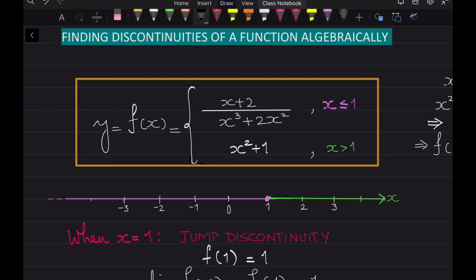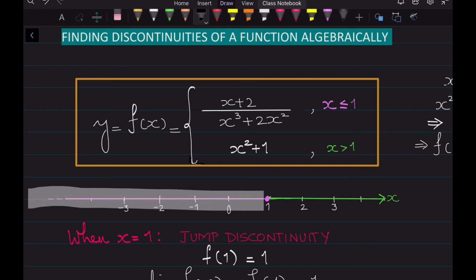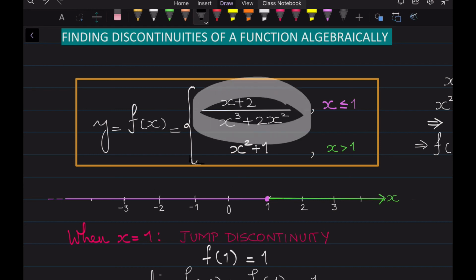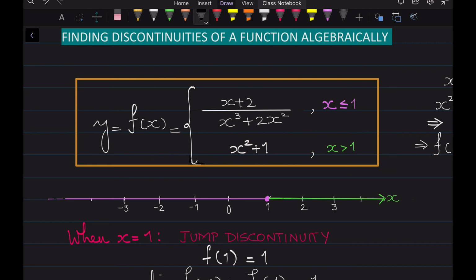Now let's discuss the case when x is smaller than 1. We see that all the numbers smaller than 1 except x is equal to 0 and x is equal to -2 are in the domain of this rational function. And in lesson number 7a, we learned that the direct substitution property is satisfied for the points in the domain of a rational function.